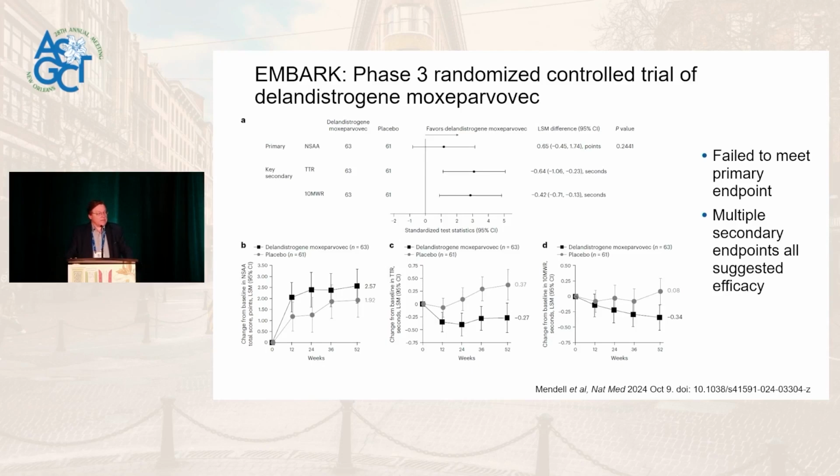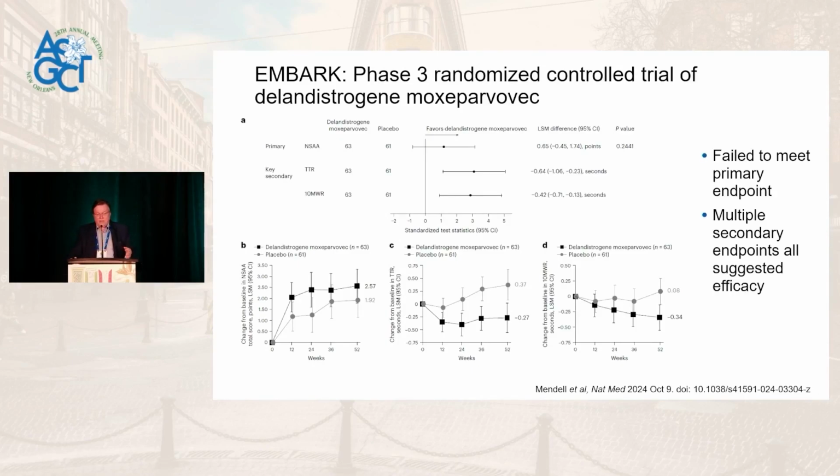The data has subsequently been published in what was called the Embark trial. In fact, the primary endpoint, the North Star Ambulatory Assessment, a measure of function, of individual functional measurements that are important to climbing, walking, doing stairs, and other things, failed to meet that endpoint.